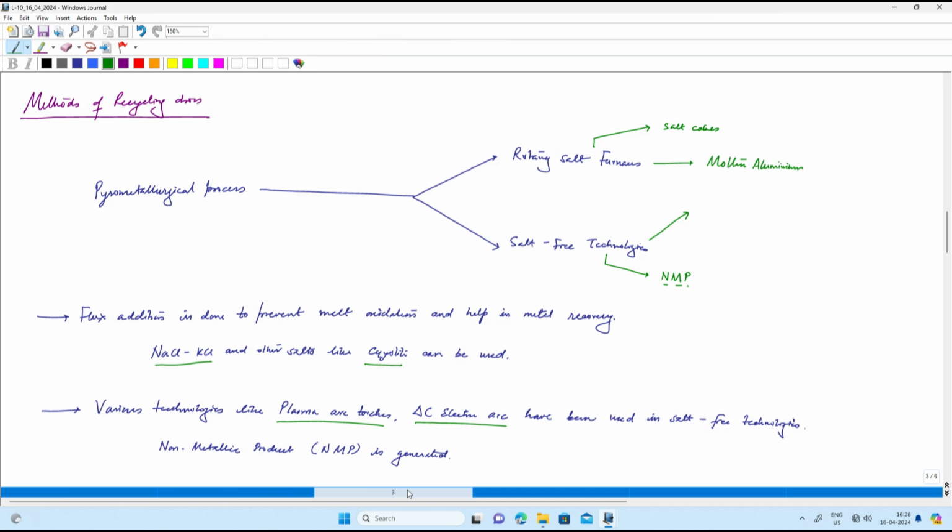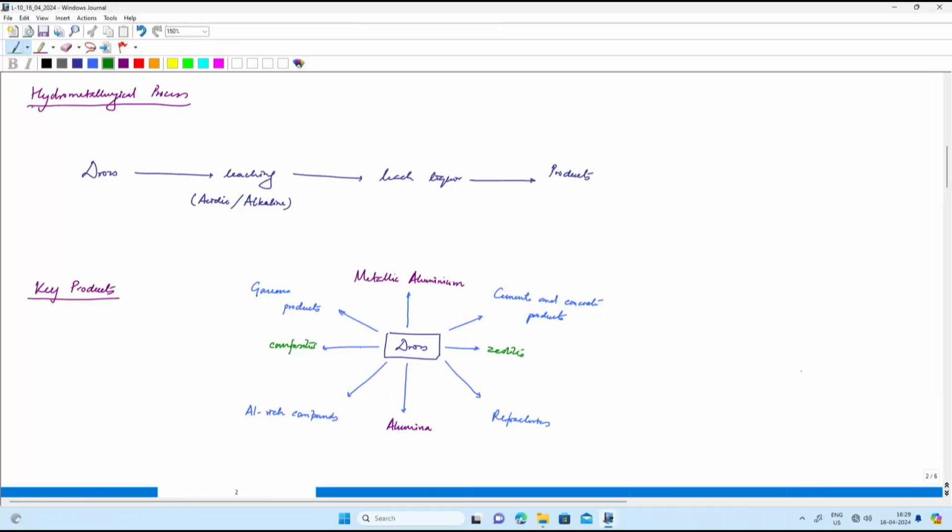So what we normally get after the SFT is molten aluminium and NMP. When we get molten aluminium, we can bring it back into the material cycle and reuse it after composition adjustment. NMP could have various different applications based on its chemical composition.